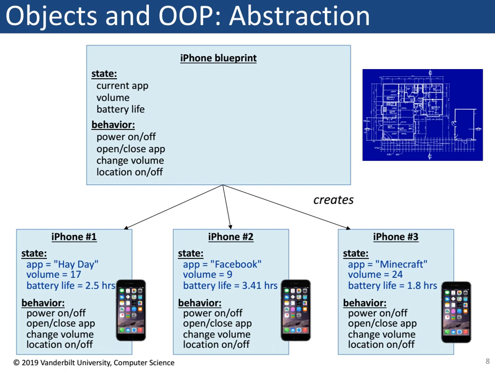So if we were creating the class iPhone, we would write all the code involved, abstract it so that the user didn't have to deal with all the complexity, and then when the user instantiated this iPhone class and created an iPhone object, they would be able to see these data elements, what the current app is, the volume, the battery life, as well as make use of the behaviors written into the class.